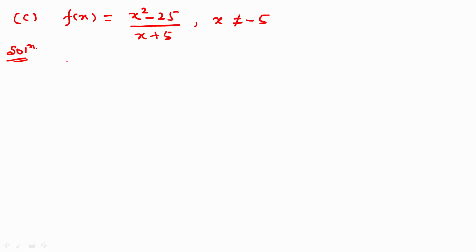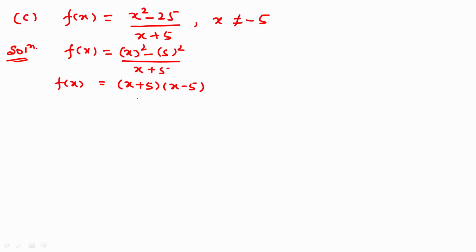Simplify in the simplest form. f(x) is equal to x square minus 25, which can be written as x whole square minus 5 whole square, upon x plus 5. The factors of x square minus 5 square will be x plus 5 and x minus 5, upon x plus 5. This will be cancelled out. f(x) is equal to x minus 5.